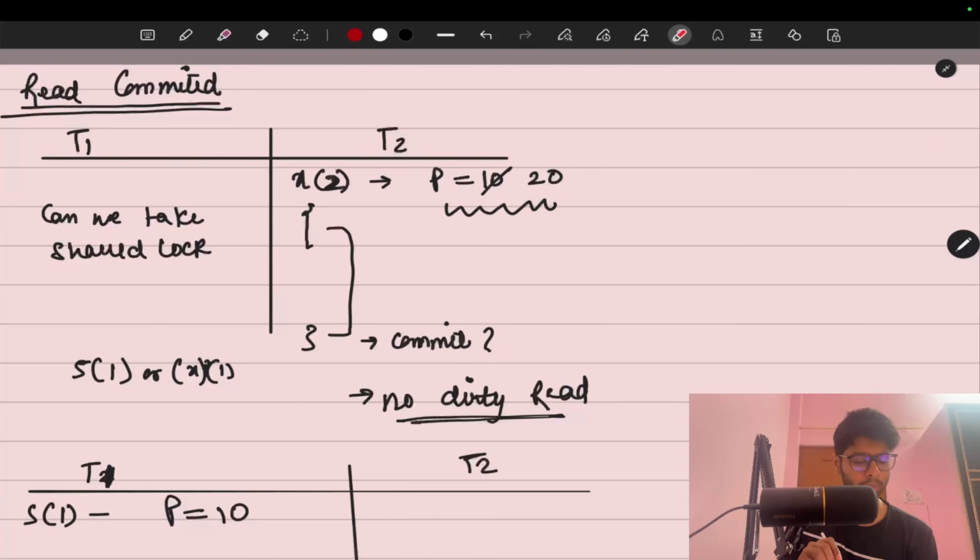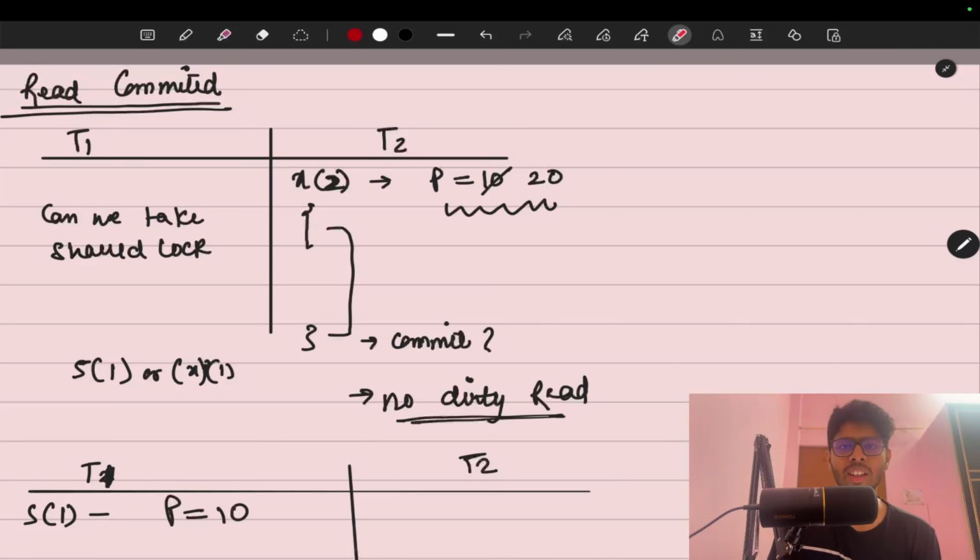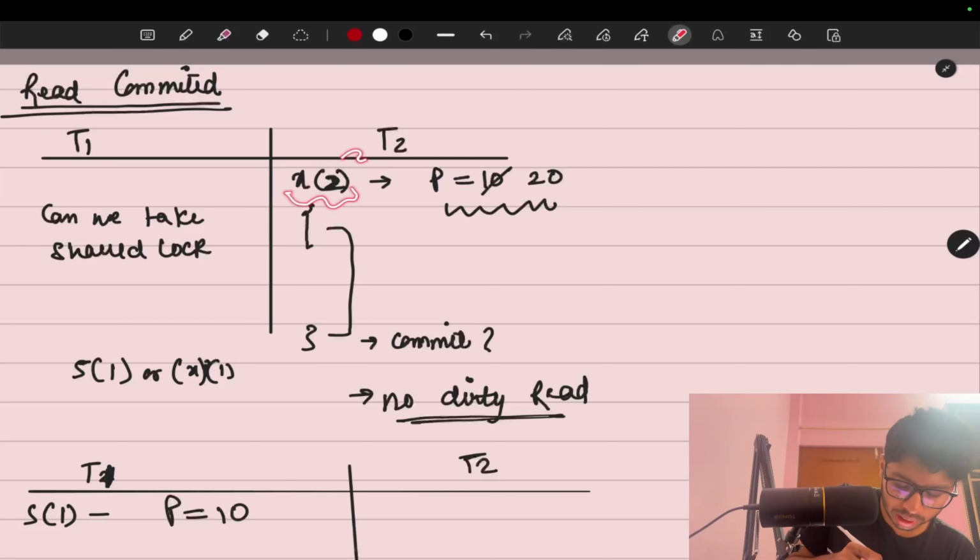So I drew one example for you. There are two transactions, T1 and T2, happening at the same time. T2 started writing a transaction. T2 is changing the value from P equals 10 to P equals 20 and has taken an exclusive lock. What we studied in our DB locking is that whenever T2 is updating data, no one can take a shared lock.